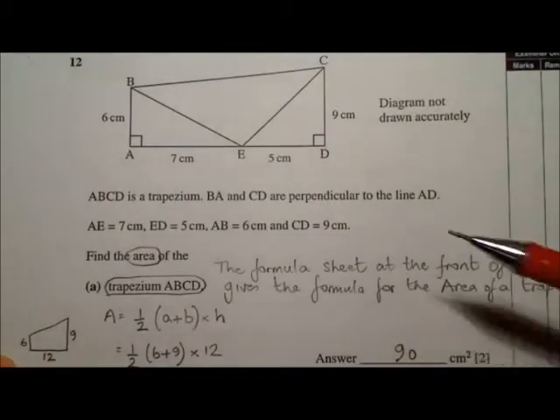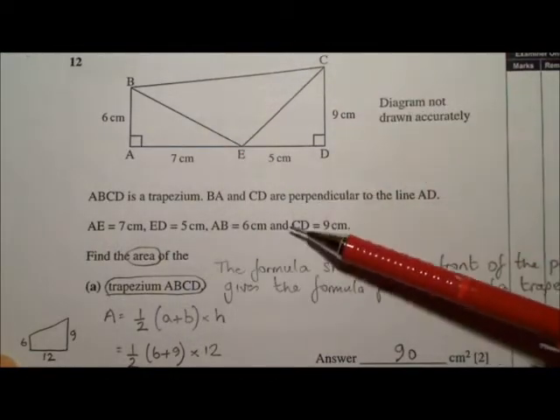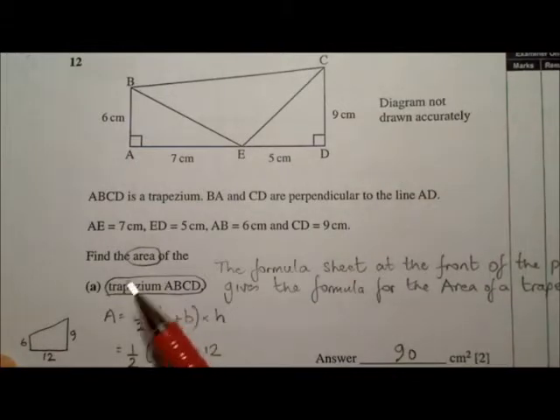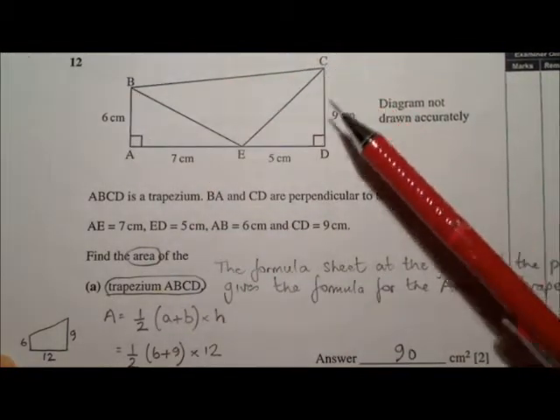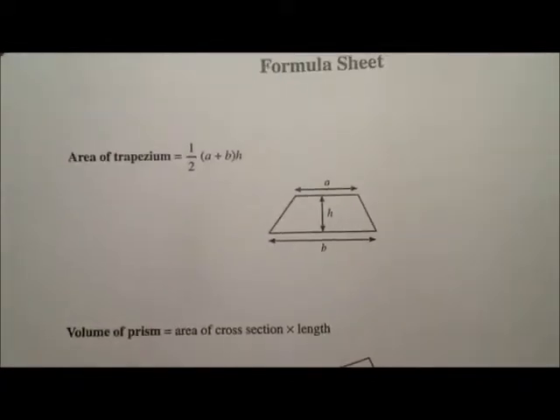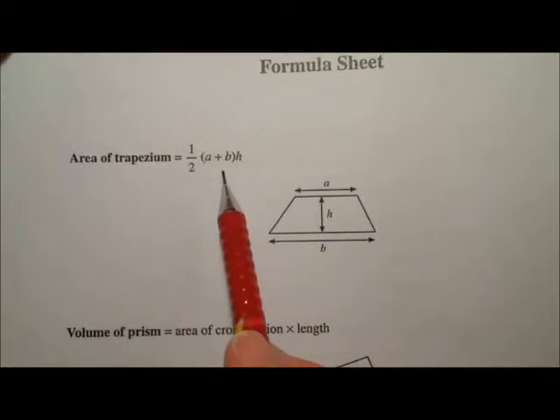Okay, question 12, part A. You're given a diagram with various lengths and angles shown on it, and then it says find the area of the trapezium ABCD. So that's A, B, C, D. First thing you need to remember is there's a formula sheet at the front of the paper, on the inside page, and it tells you the formula for the area of a trapezium.